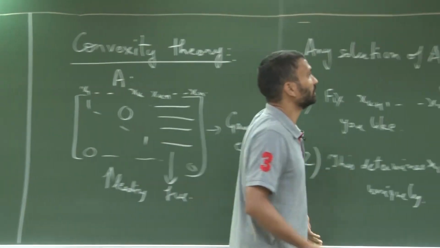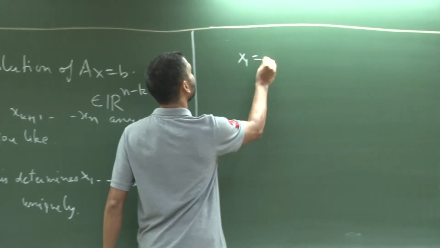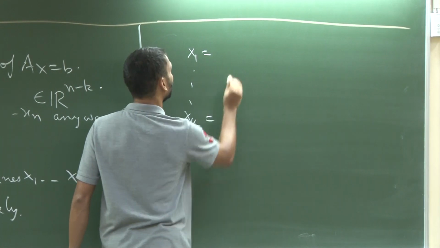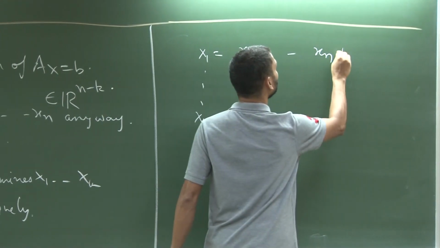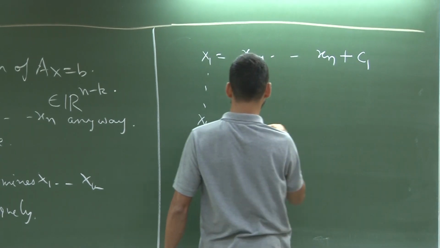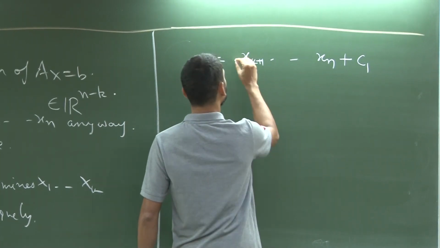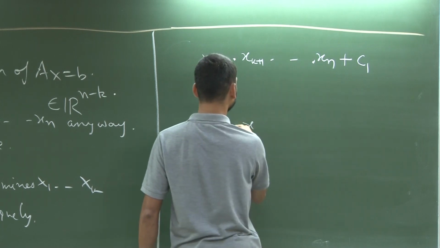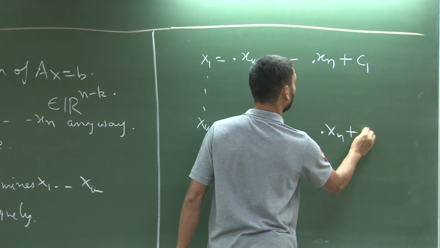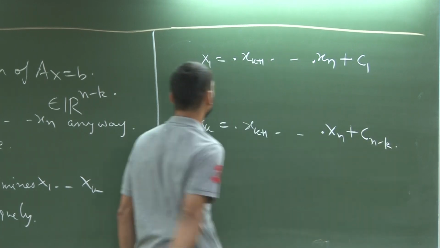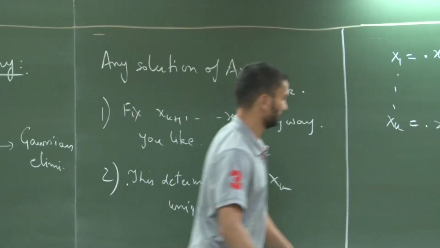Another way to say it is write x1 to xk as a linear combination of xk plus 1 to xn plus some constant c1, some coefficient here, some coefficient here, similarly ck.